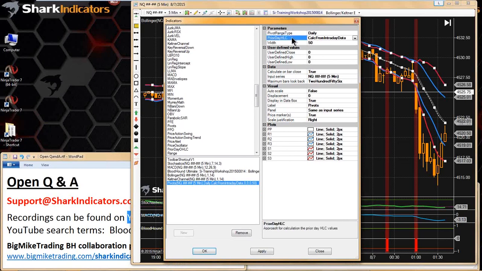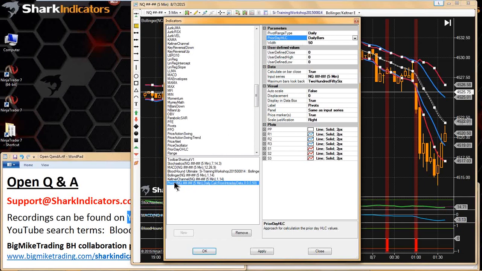NinjaTrader has acknowledged that the pivot indicator, or any other indicator that has this calculate from intraday data or daily bars option, doesn't function correctly when you're using the pivots indicator for a strategy, or inside of another indicator.